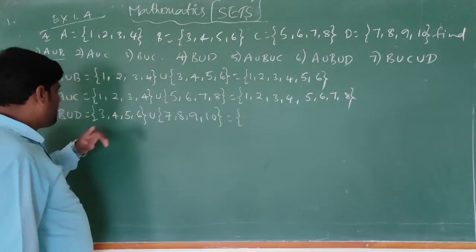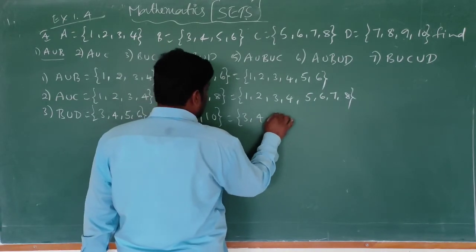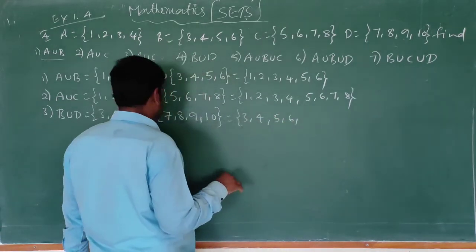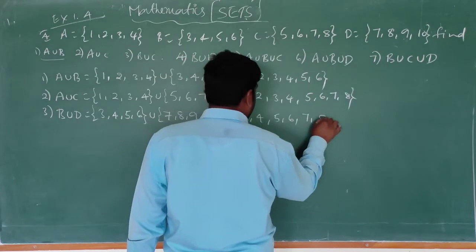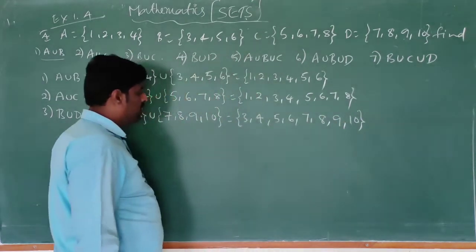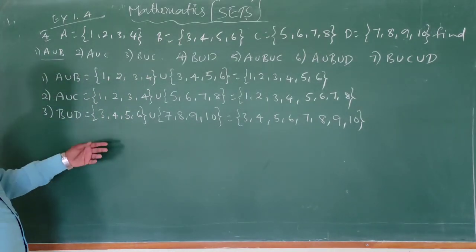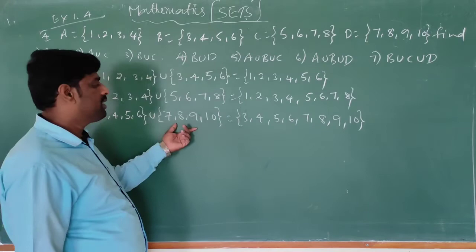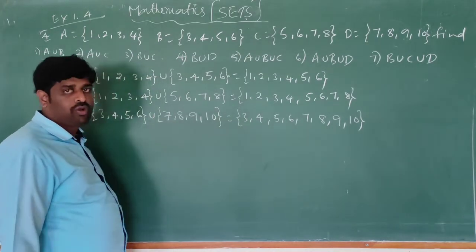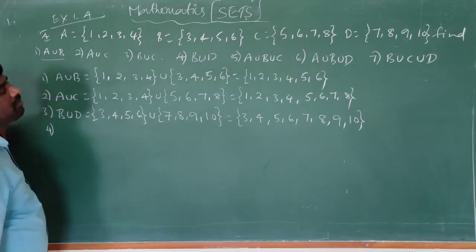B union D is 3, 4, 5, 6, 7, 8, 9, 10. This is B union D. This is B set, this is D set. We should write together.